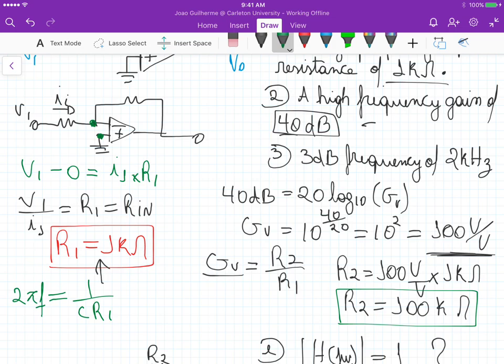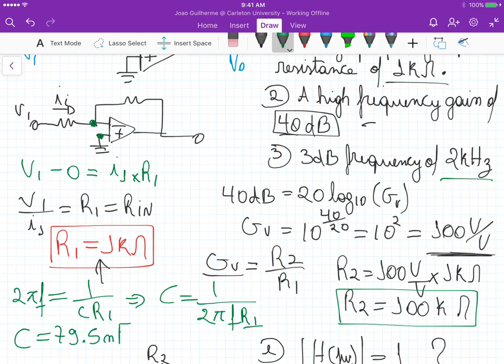We can isolate C here. So C equals 1 over 2 pi f R1. And if we substitute f as 2 kilohertz and R1 as 1K, we get 79.5 nanofarad, which is the third parameter for this circuit.